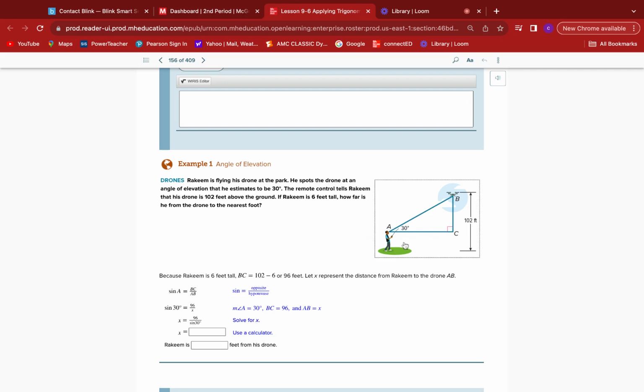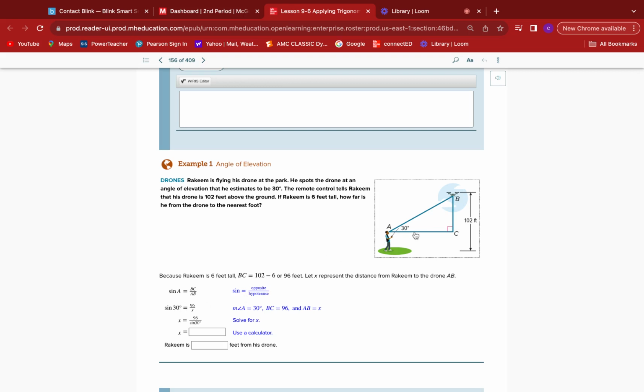This is a sine problem, since the 30-degree angle of elevation is the only acute angle you have. We have the opposite side, which is the 96, and we're looking for the hypotenuse, which is your unknown, AB.